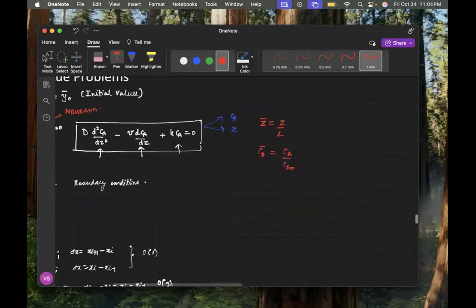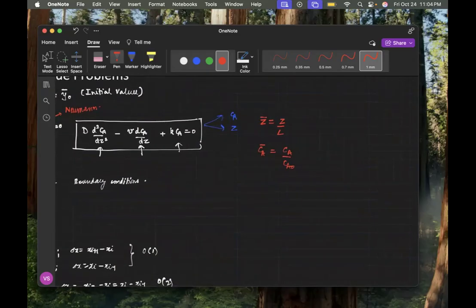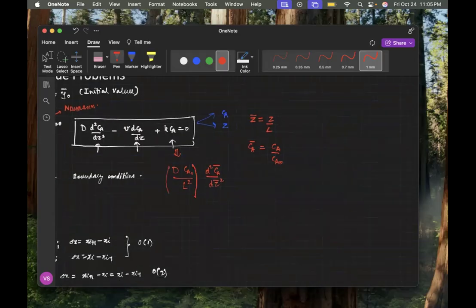Now, how this helps is when we put all these values in the equation, we get the equation over here as D Ca naught over L squared d squared Ca bar by dz bar squared. So in place of Z, we wrote Z bar times L. Similarly, in place of Ca, we wrote Ca bar times Ca naught. So that's how we got this parameter over here. Okay.